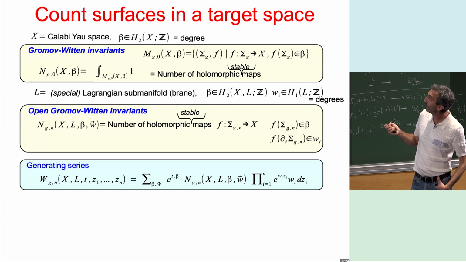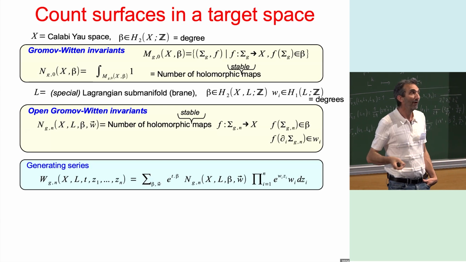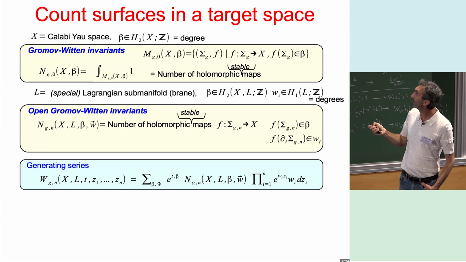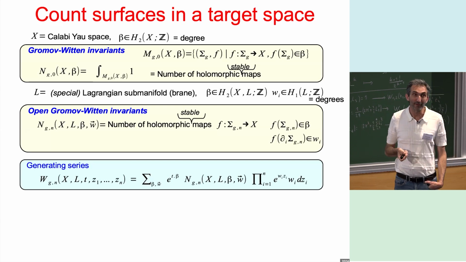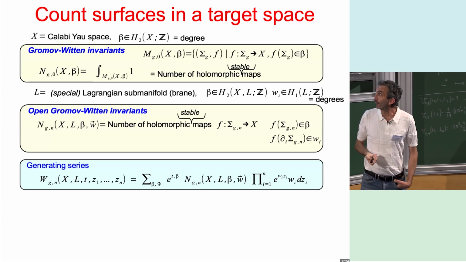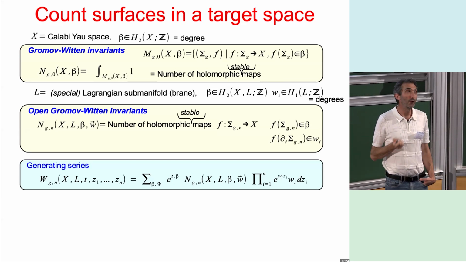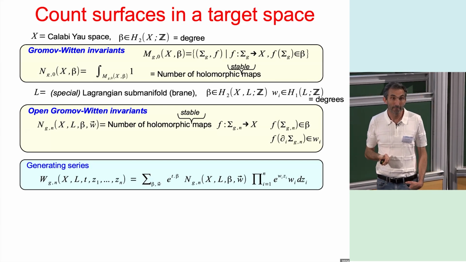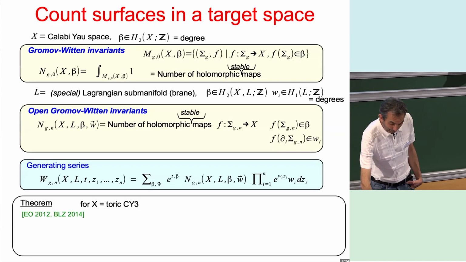And for the boundaries, again, instead of writing 1 over z_i to the length, let me put exponential w_i z_i. Okay, and let me make this generic series. Okay, and question, how can you compute this W_{g,n}? And the answer is by topological recursion.